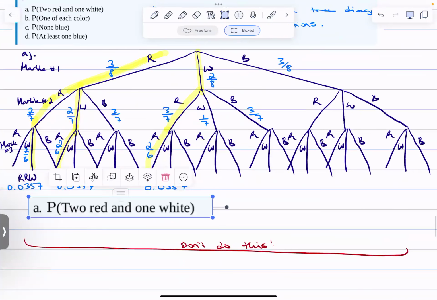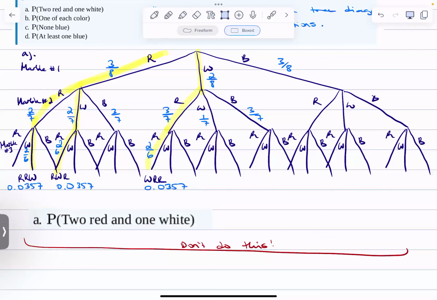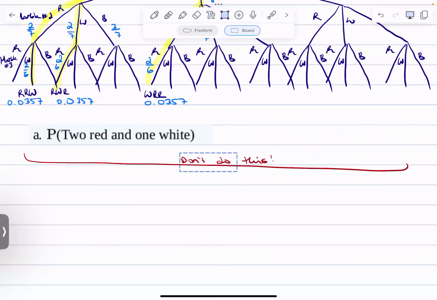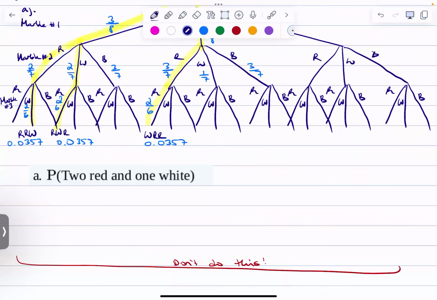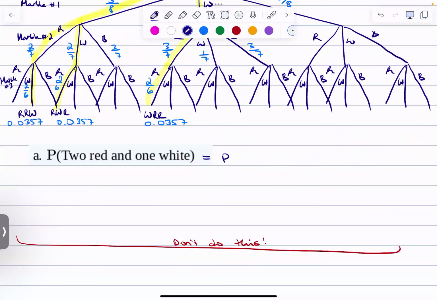So for A, the probability of 2 red and 1 white is the probability of RRW, or RWR, or WRR. Now, because there's no overlap, they're mutually exclusive, right? And so then you are allowed to just add the probabilities.